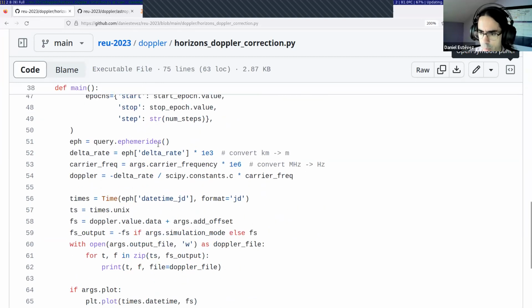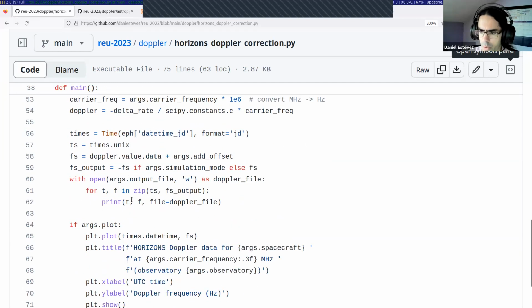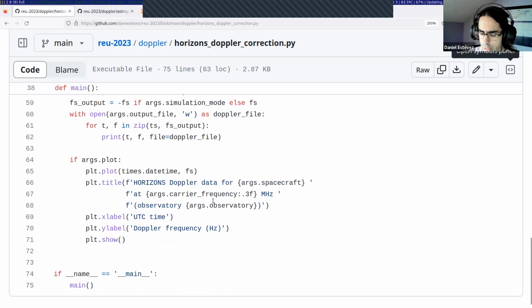So you get the ephemeris, you have this delta rate, which is what was del dot before. We convert from kilometers per second to meters per second, and we have the same formula, and we have more or less the same code to write the output and the code to plot.